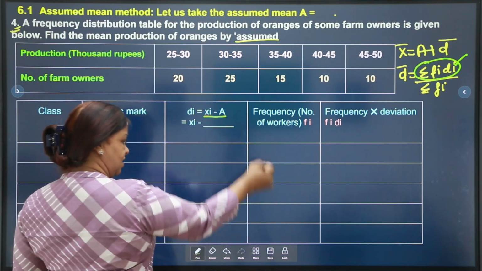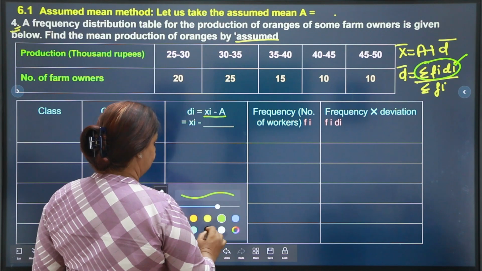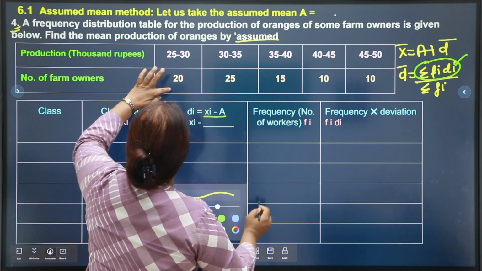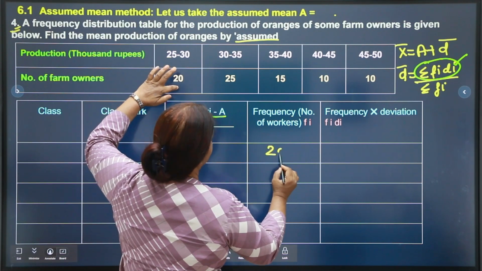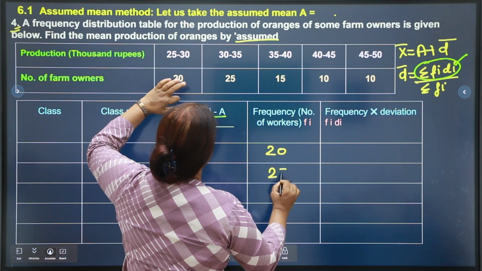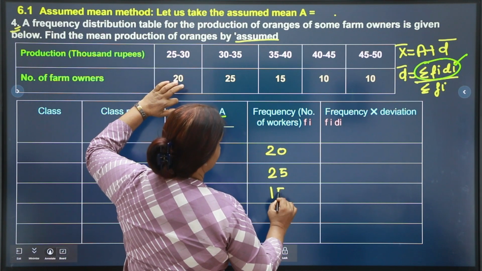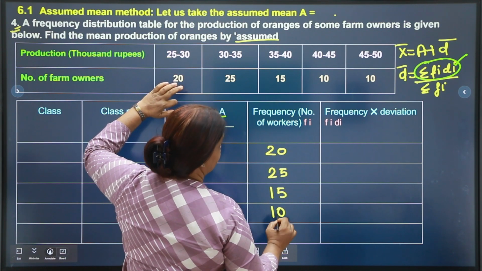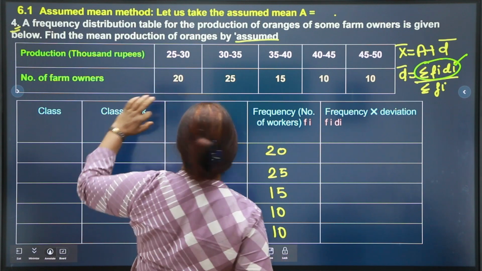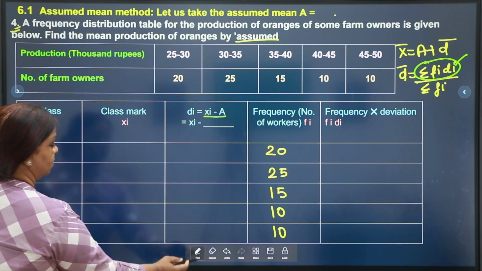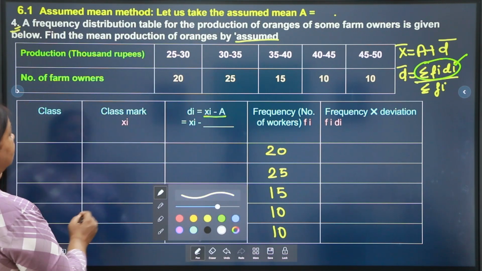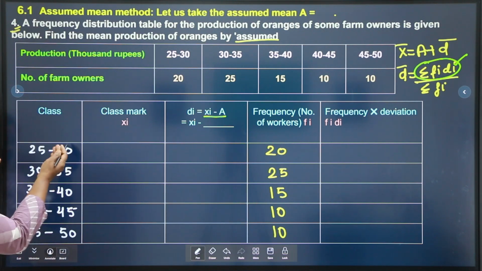Okay. Let me first write down the frequency. The frequency is 20, 25, 15, 10 and again 10. Class is 25 to 30 and so on.